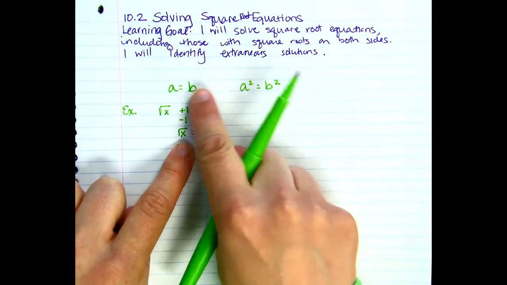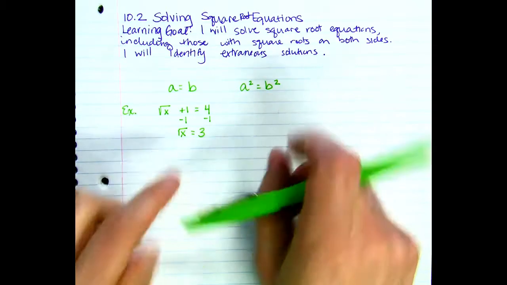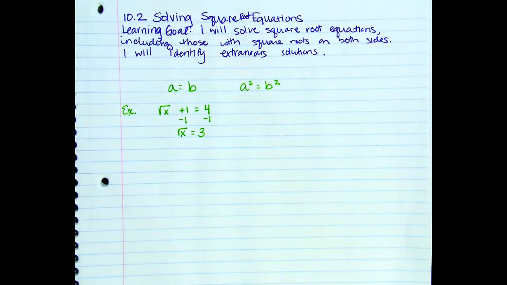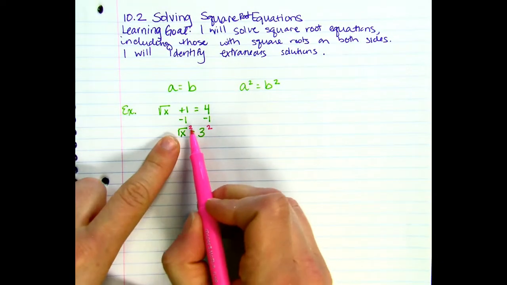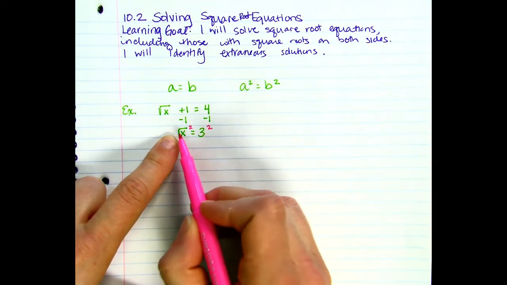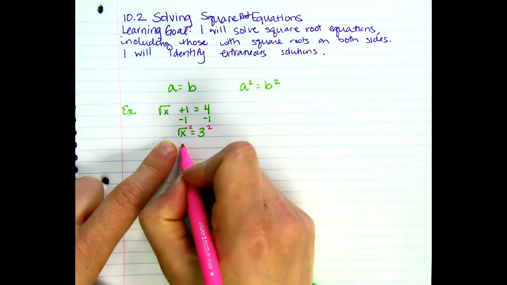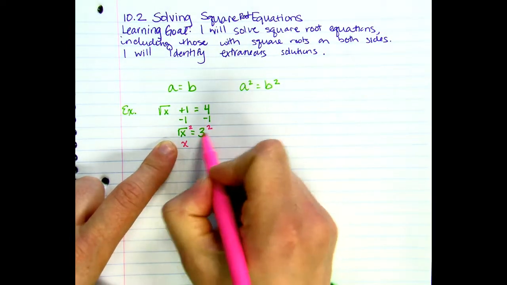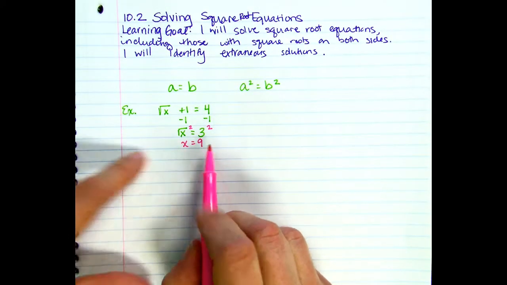And then from here, I'm going to use this rule up here that if two things are equal, then their squares are also equal, and I'm going to square each side. When you square a square root, it undoes it. It's the inverse operation, squaring and square roots. So we're left with just x here. When I square 3, I get 9. So I get x equals 9.